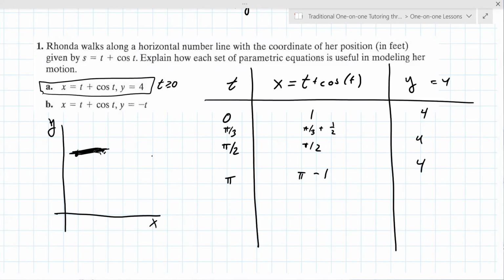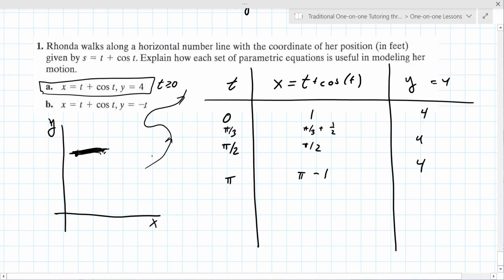What you need to take away is that this is how you determine the behavior of a parametric equation. You plug in t values, you get x and y's, and in a more traditional problem you would get some sort of a thing that you could then map. The only difference in the second one is that your t is negative.